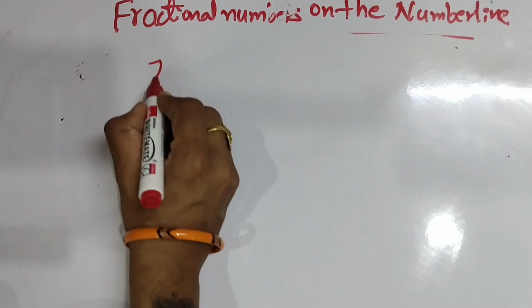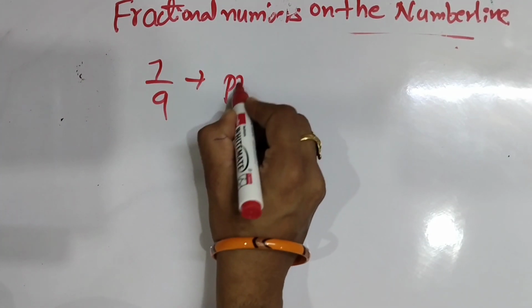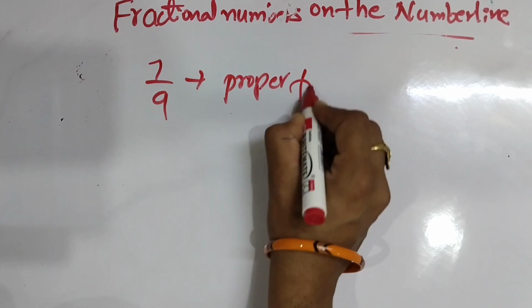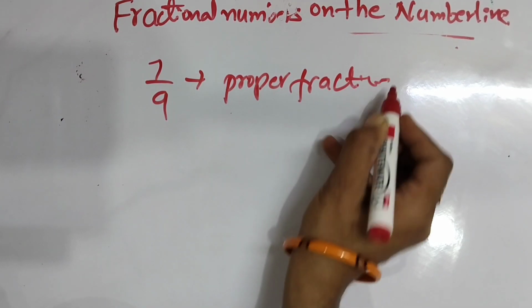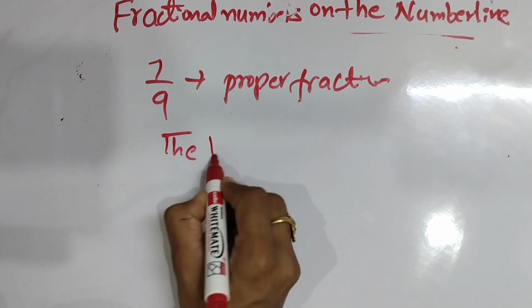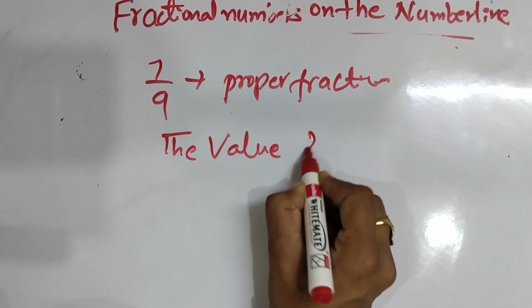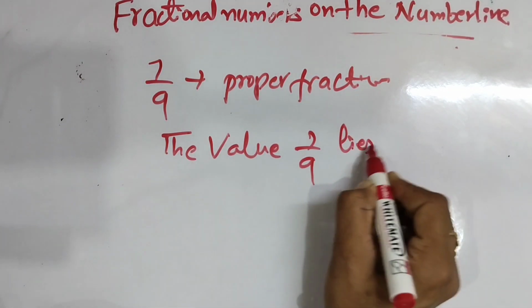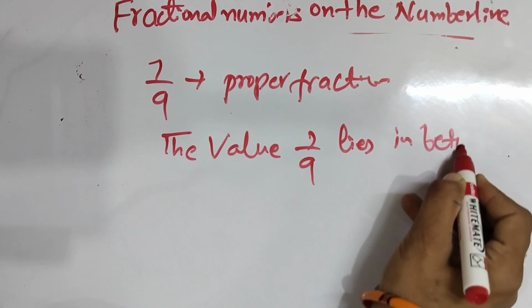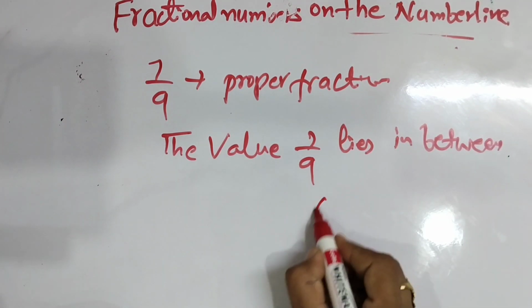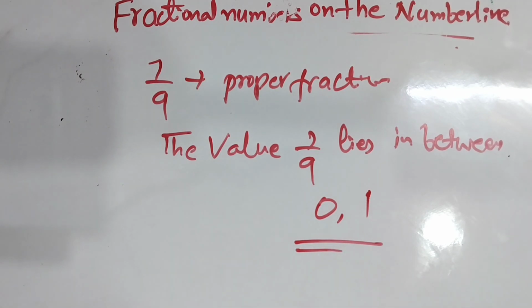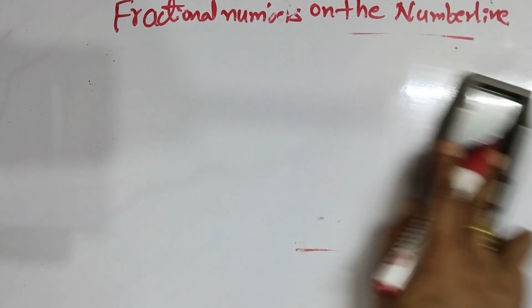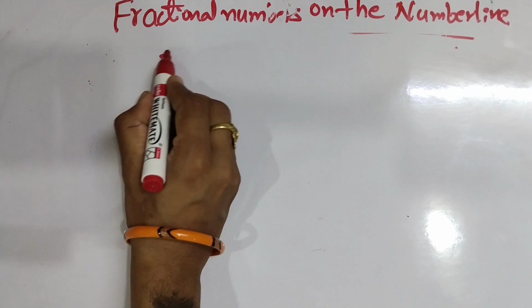Next, 7 by 9. This is also a proper fraction, so the value of 7 by 9 lies in between 0 and 1, which means before 1.